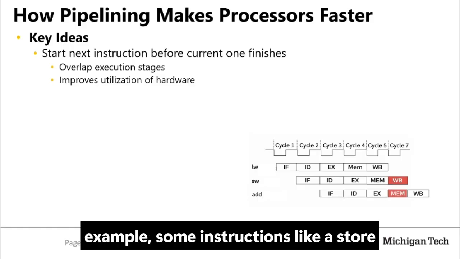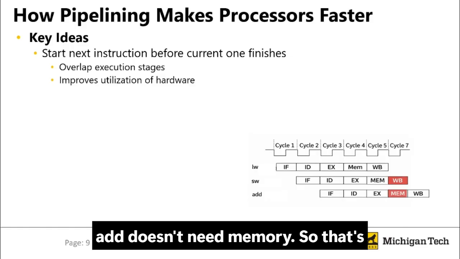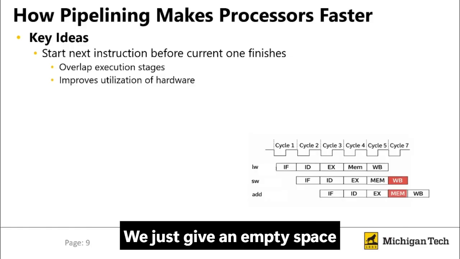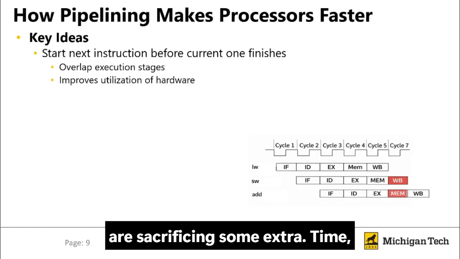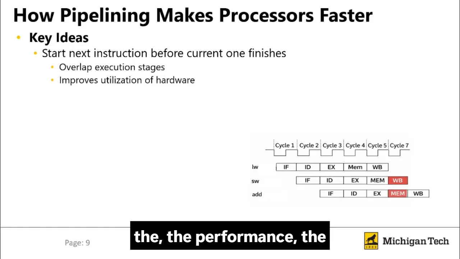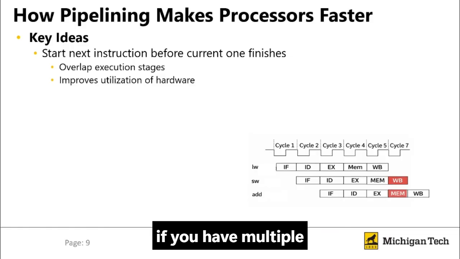Like for example, some instructions like a store don't need write back, or add doesn't need memory. That's okay. We just give a stall, an empty space for that. That's fine. Yes, we are sacrificing some extra time, but overall the throughput goes much higher if we have multiple instructions.